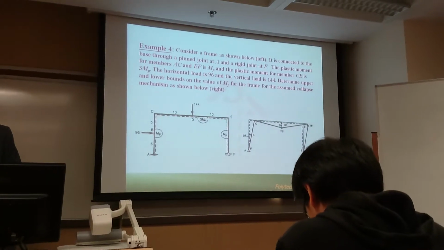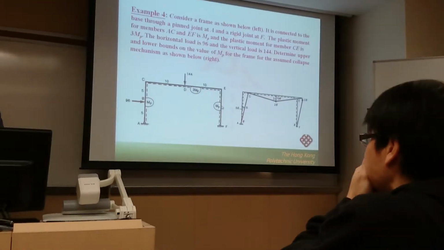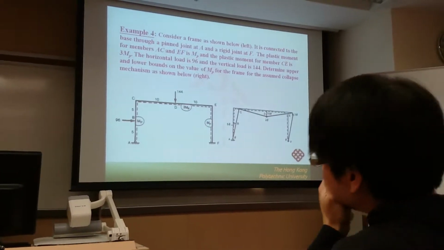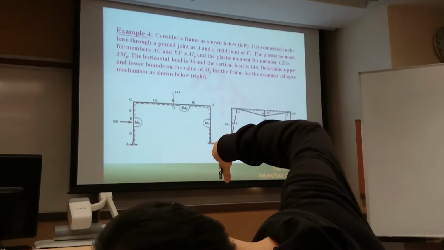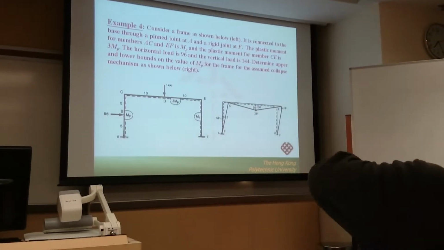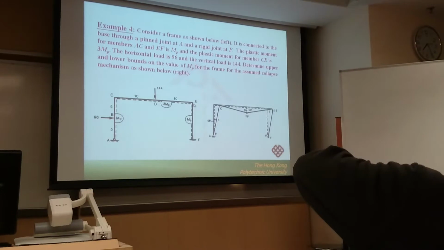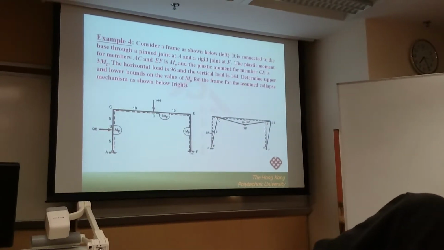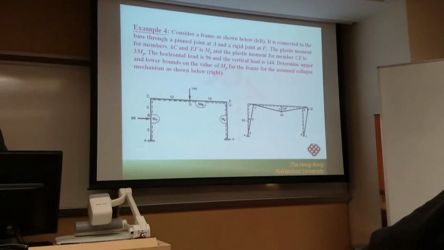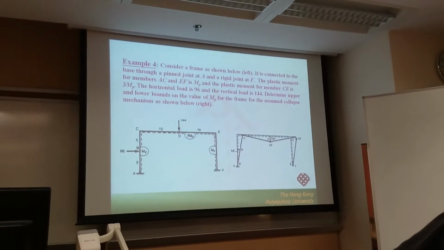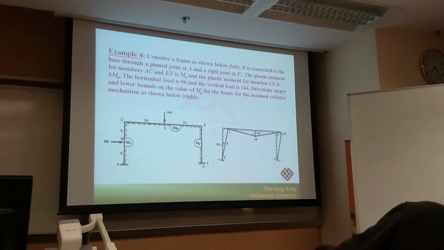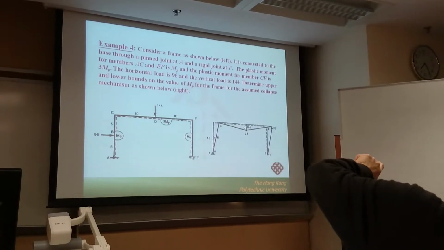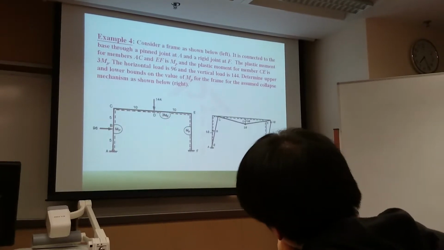And maybe for the column, it's very difficult to define the sagging moment or hogging moment. But don't worry about that, because you can cut off here and cut off here. Then you can obtain that this is a hogging moment, so you know the moment applied at point F based on moment equilibrium.